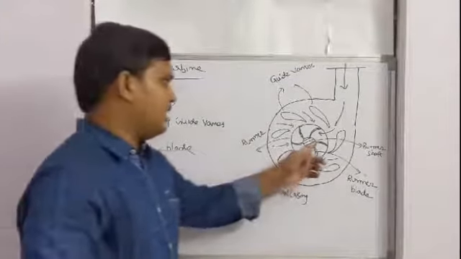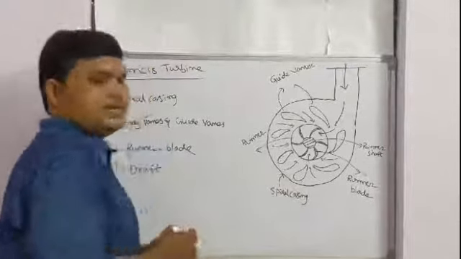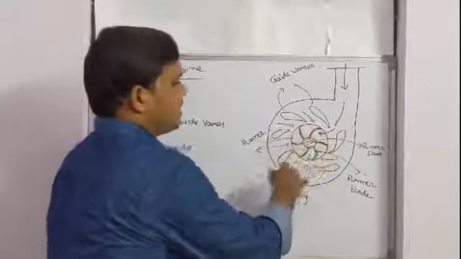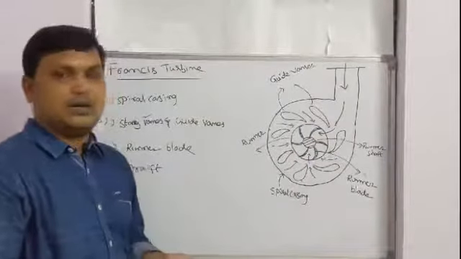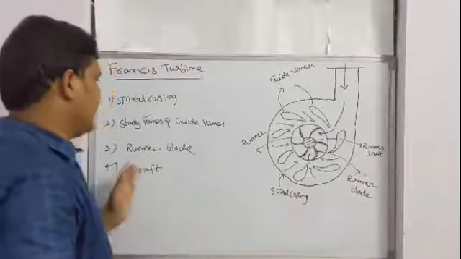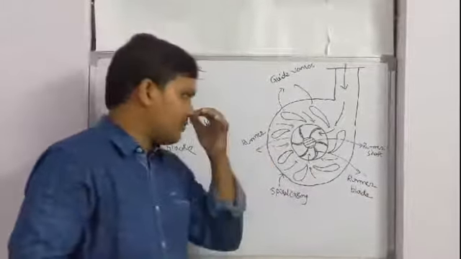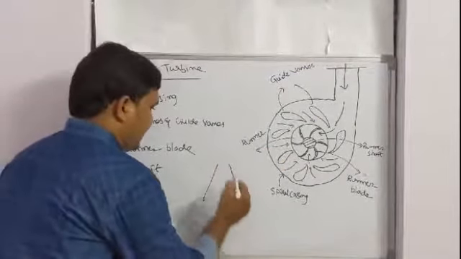At the end of the turbine, the draft tube is fitted. The water coming out from the turbine does not go directly to the tail race of the power plant. It goes through the draft tube, which has a conical shape with an increasing cross section.